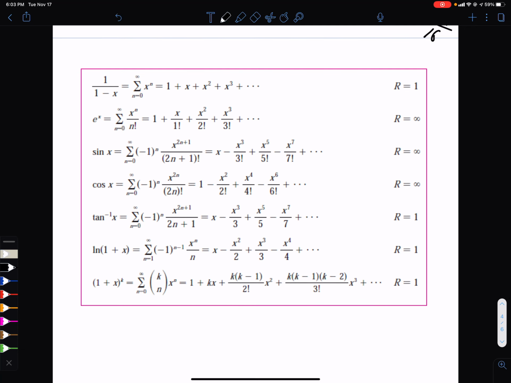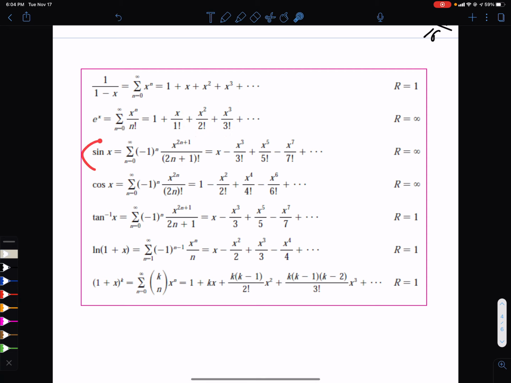I'm just going to show you, these are some Maclaurin series that you have to just memorize. This is the one we've been looking at the whole time, geometric. E to the x is pretty easy. 1 over 0 factorial, x over 1 factorial, x squared over 2 factorial, x cubed over 3 factorial. You see the pattern.